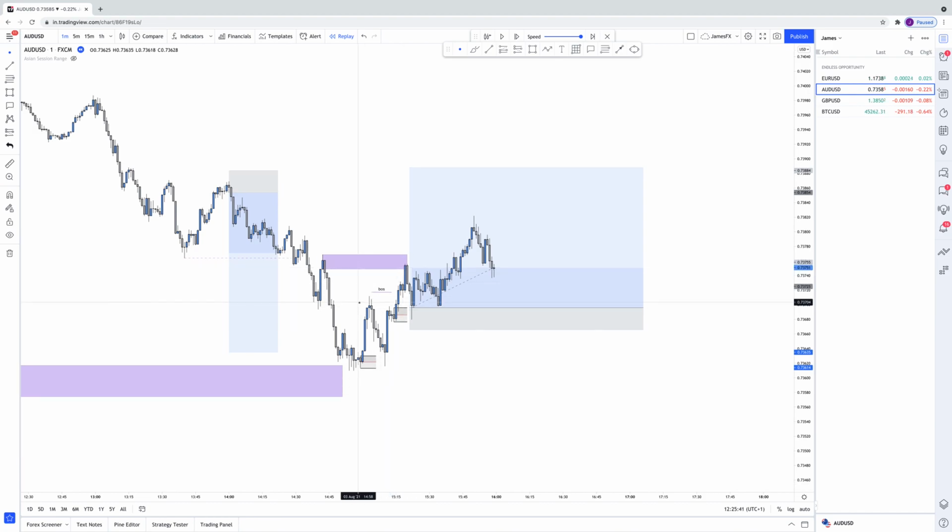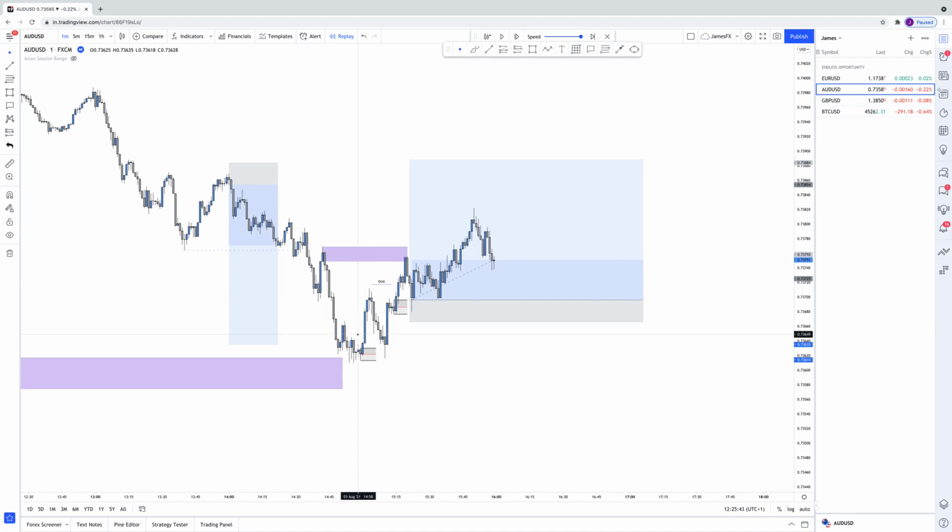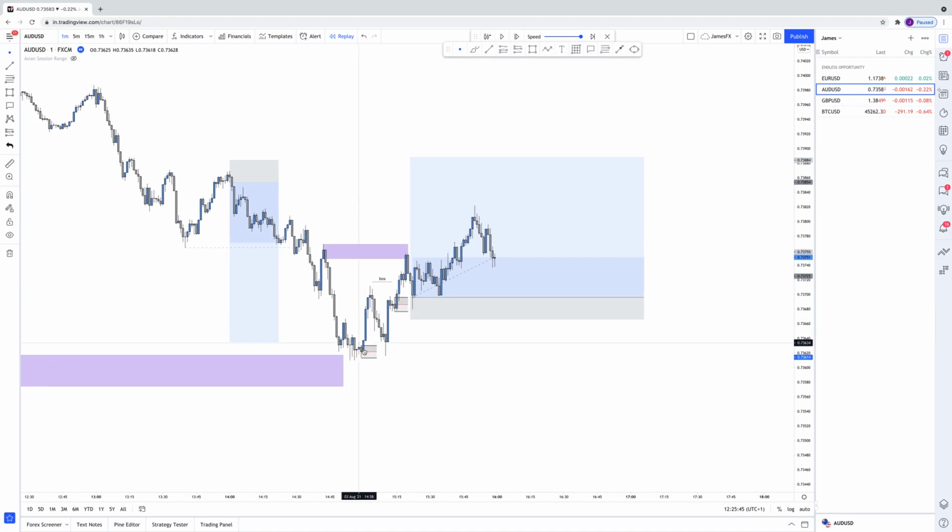So firstly, what I'm going to go through quickly is this aggressive entry down here. I didn't take this entry, but the reason why this is classed aggressive, in my opinion, is because we have a lower low and we have a lower high. Price pulls back, comes down, closes below, but it's not really a convincing swing point.